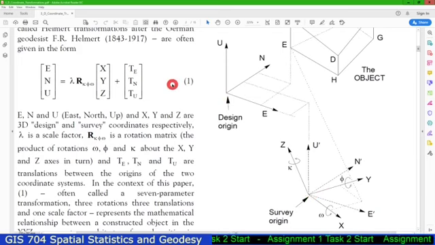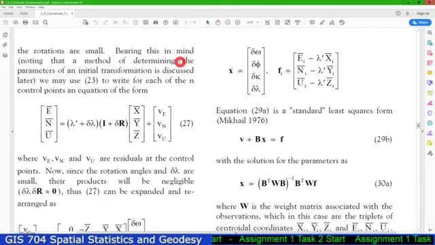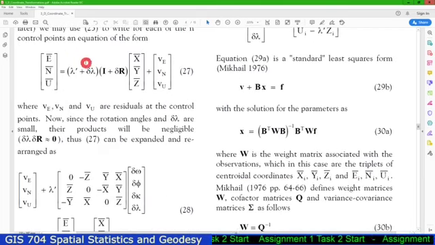Now, let's have a look and see what the B matrix or D matrix will look like to calculate those. So if you look at his transformation around here, again, that's the east-north-up. After translations to the origins, remember, that's why the bar is on the top there.